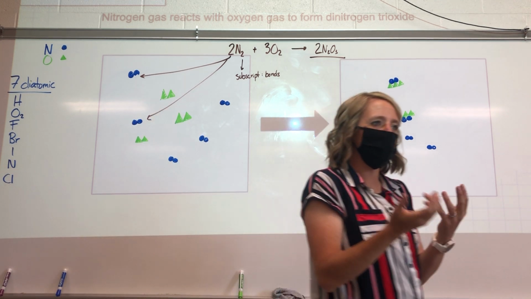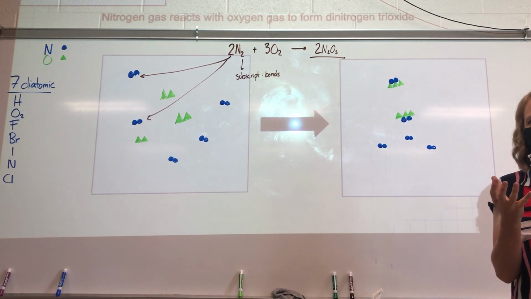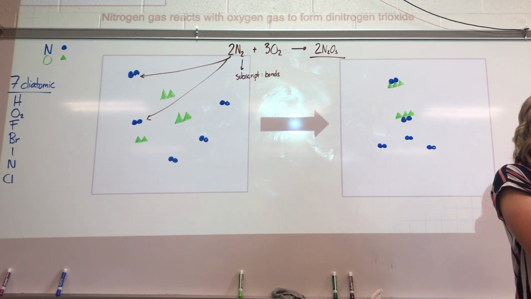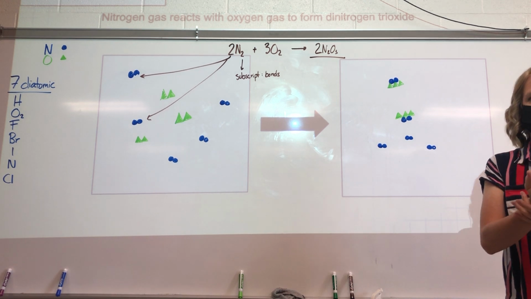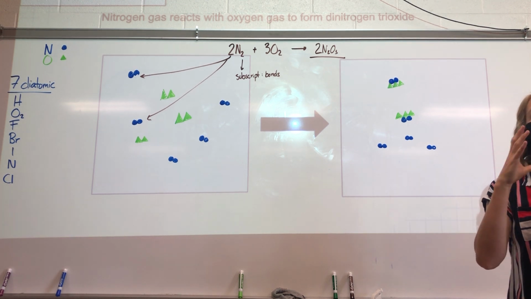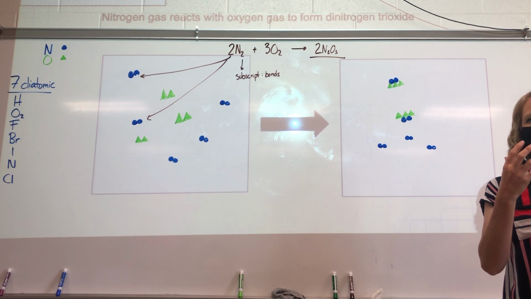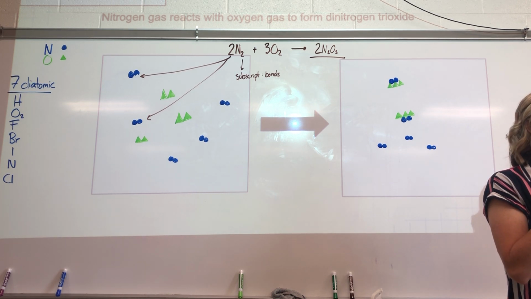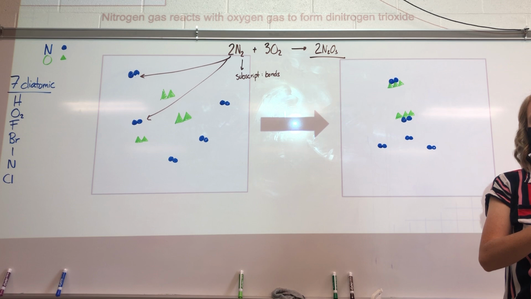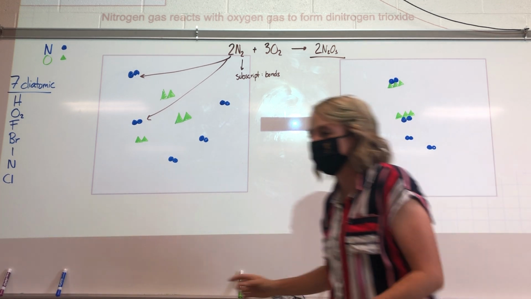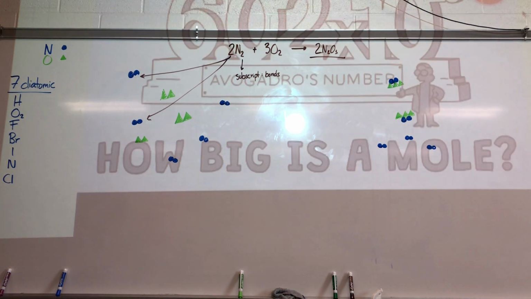Atoms and molecules are too small for us to actually measure out individually. So scientists, well, one particular scientist, came up with a way to group them together so we can work with them on our level, right? Because our level and the atom level are so different, we kind of need a bridge. So we're going to watch this video, and then we'll talk more about it.